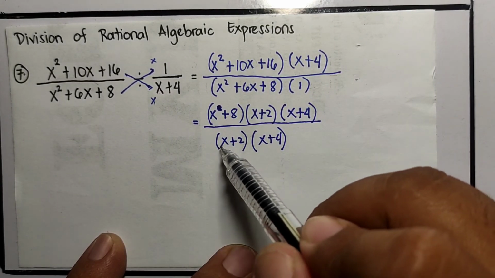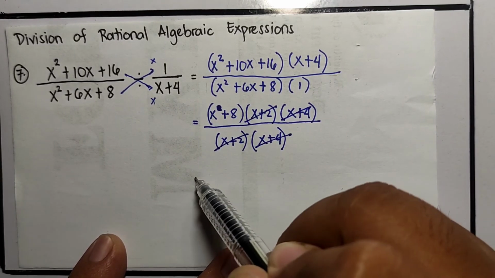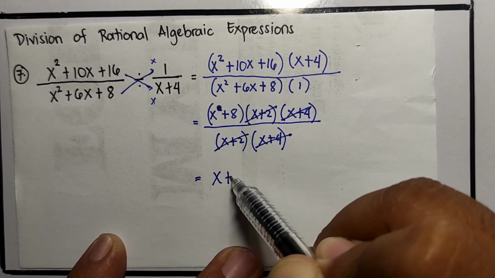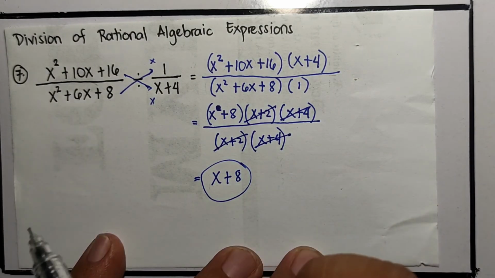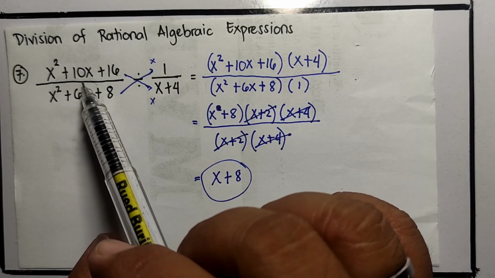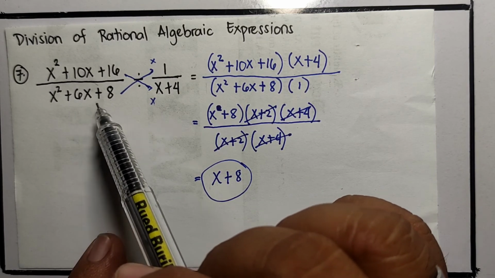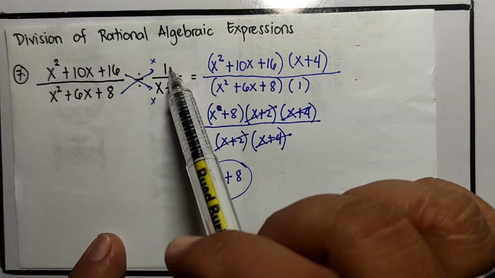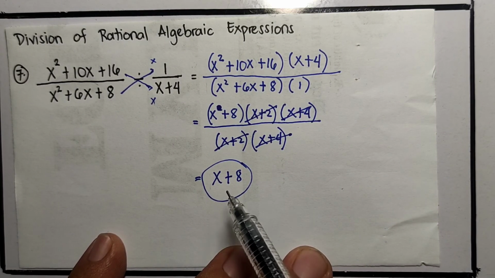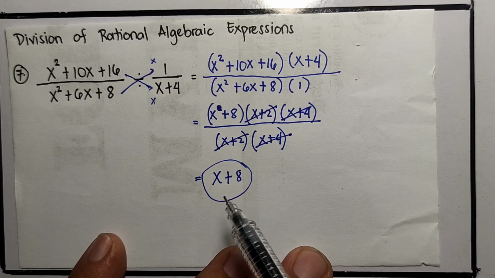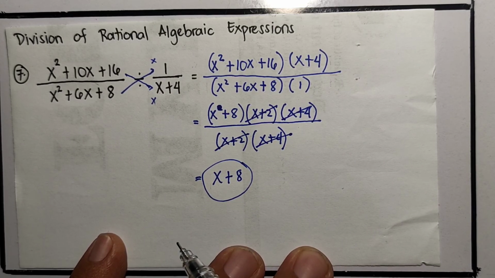Then cancel out. The remaining is x plus 8. The quotient of x squared plus 10x plus 16 all over x squared plus 6x plus 8 divided by 1 over x plus 4 is x plus 8. Okay, that's it.